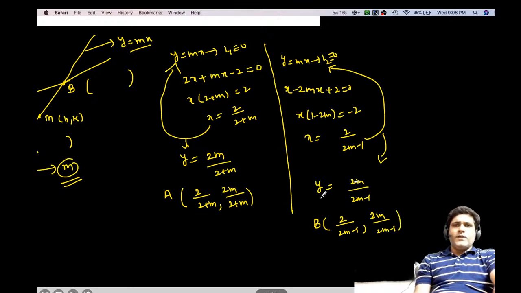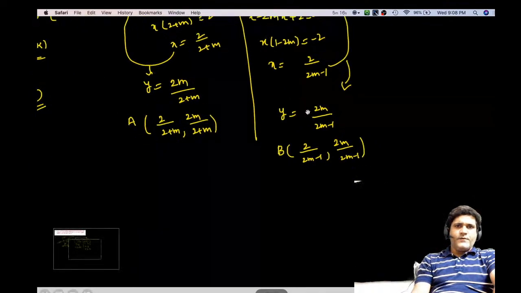Now the question is the locus of the midpoint of AB. We have taken the midpoint as (h, k). (h, k) is the midpoint of AB. Use the midpoint formula.